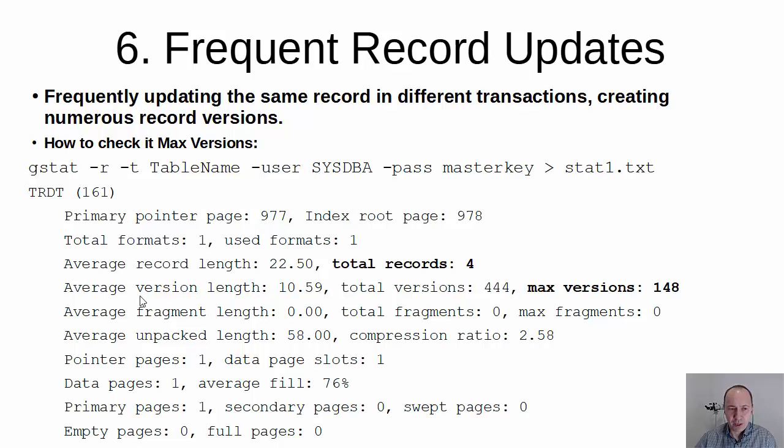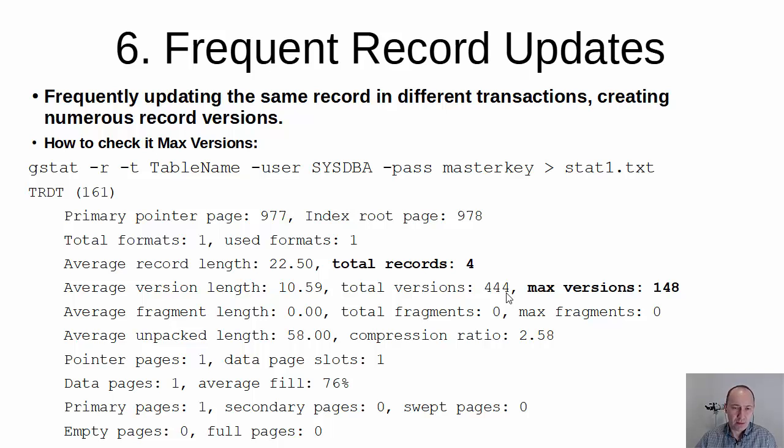And if we look at the max versions, we will see that there are 148 versions of a single record, the maximum length of the record chains for one of these 4 records. And the total is 444 record versions for the total of 4 records.